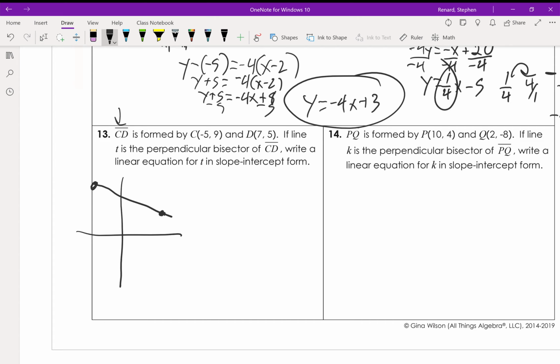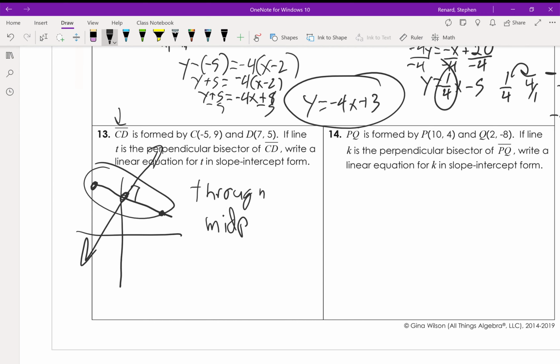Line T is the perpendicular bisector, which means it goes through the halfway point at 90 degrees. So what we need to do is say it's perpendicular to this, through the midpoint. That's my little hint. That's not just a little hint, it's a huge hint. But I want to see what you can do with it.